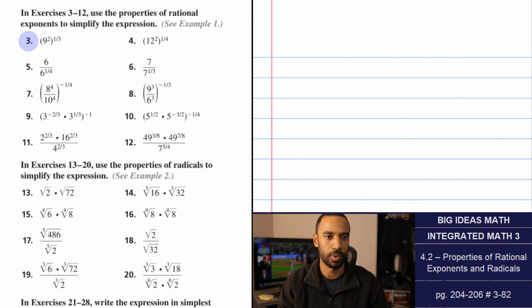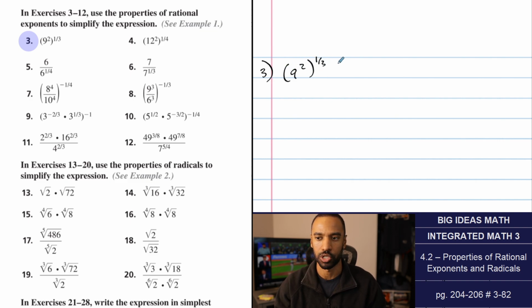Okay, so we are going to start on non-variable ones. We have exercises 3 through 12, where we are going to use the properties of rational exponents to simplify the expression. Now, what you've possibly noticed is that they have been okay with writing these answers as fractional exponent values, despite the fact that I feel like there's more that I can do with them, and I sometimes almost want to, but they're just talking about using the properties themselves.